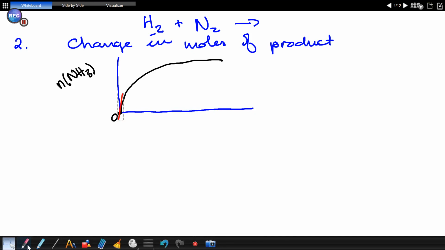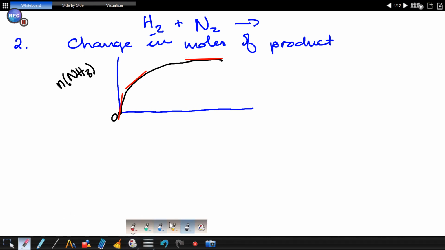But as the reaction slows down, what happens to the rate of the formation of ammonia? It slows down and it will become 0. There where the graph flattens out, the reaction has stopped. So now this graph tells you the change in the moles gets slower and slower.